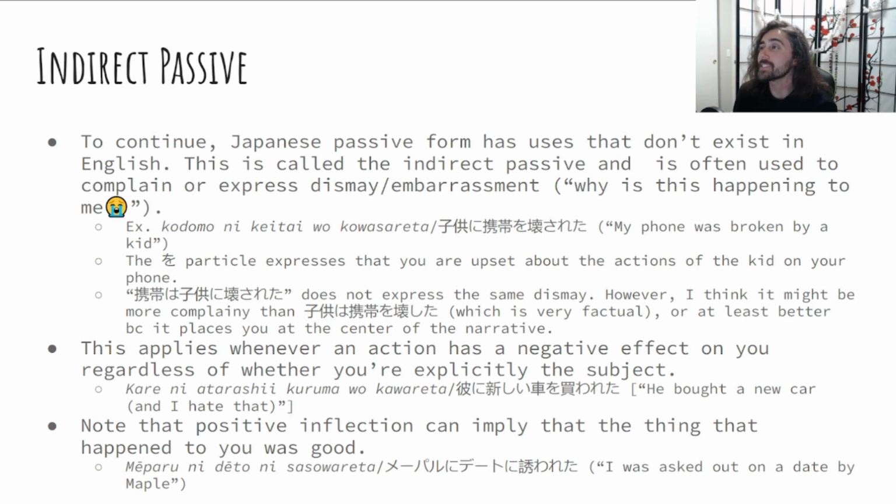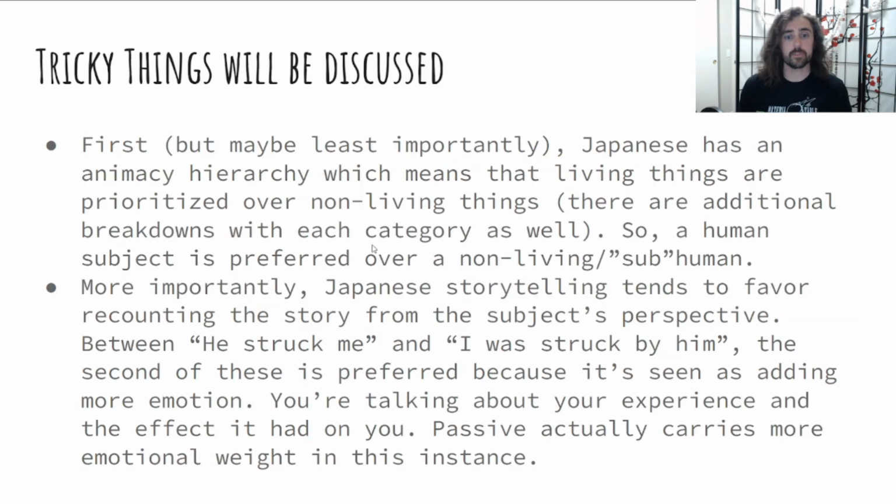If you got scammed by someone, you would definitely want to be dumping passive all over the place. That's a great example because that fits the criteria of you're talking about yourself, right? Storytelling, animacy hierarchy, all that good stuff. And then you're also expressing a proper emotion for it.